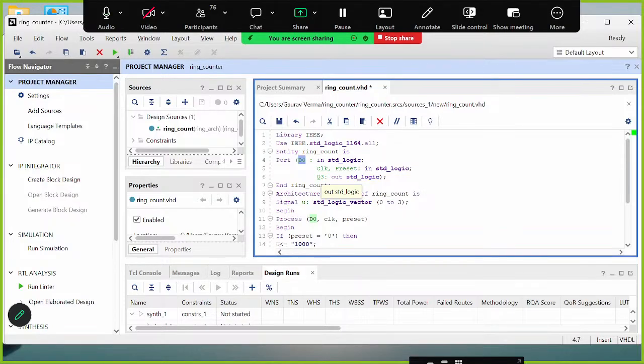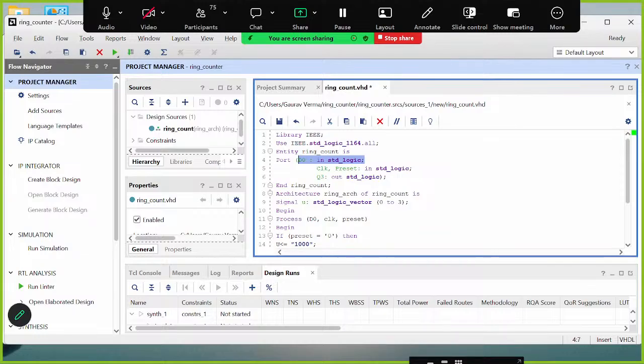So for that maybe we need to make it, maybe we need not this.